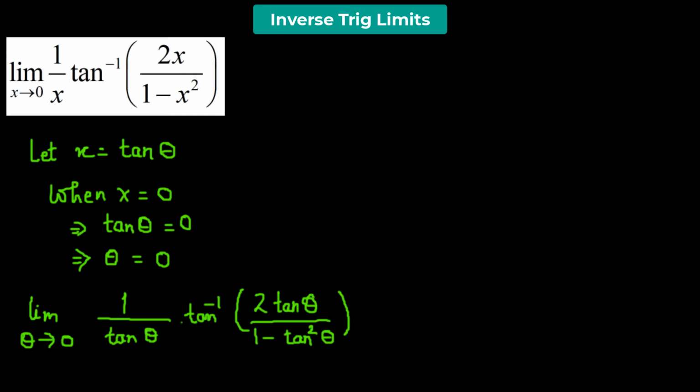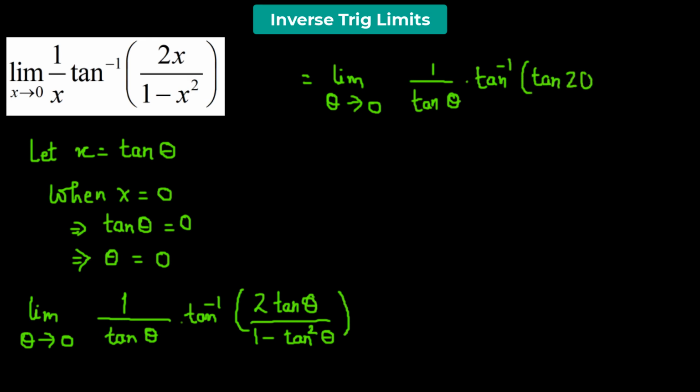Now 2 tan theta over 1 minus tangent squared theta is the expansion of tangent of 2 theta, meaning we have limit theta approaching 0, 1 over tangent of theta times tangent inverse of tan 2 theta.